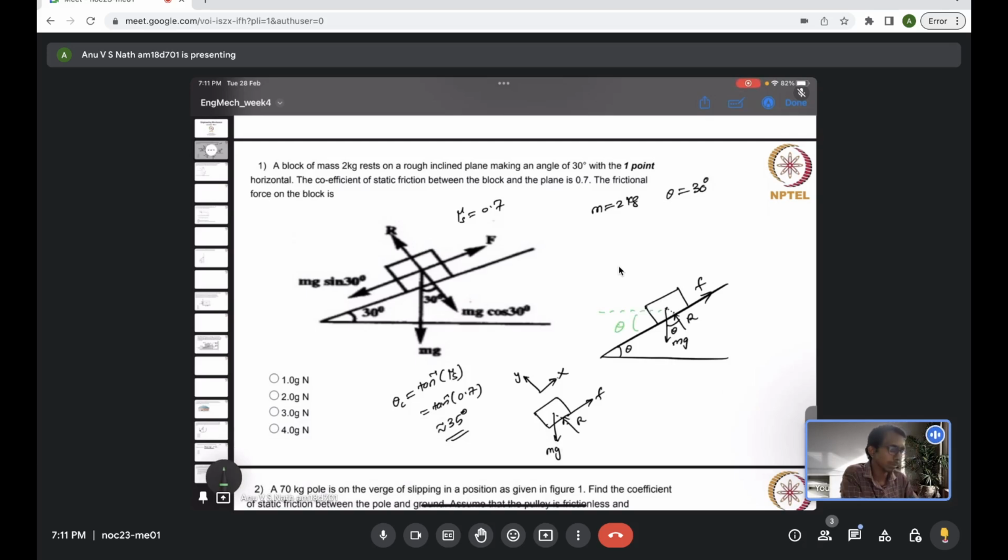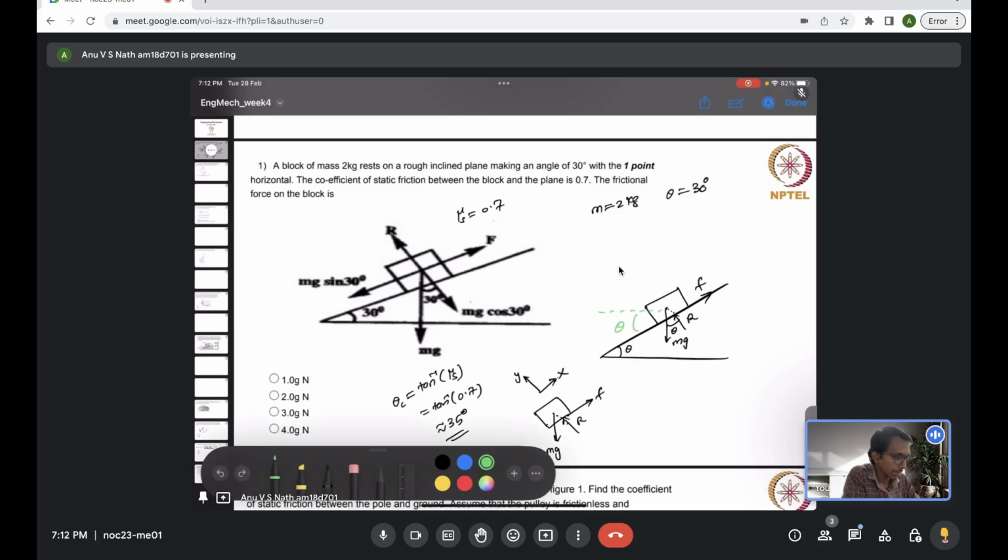Because these are parallel, the angle made by this inclined surface cutting through both parallel surfaces should be identical, that is theta.